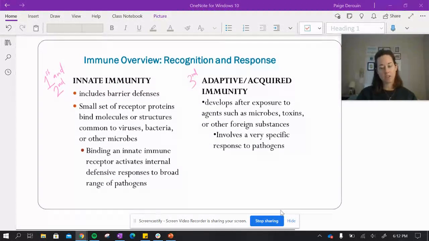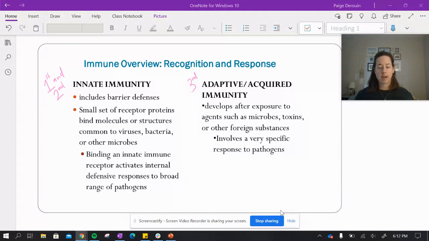All right, so you can also separate these lines of defense into the innate immunity and adaptive or acquired immunity. Your first and second lines of defense are going to be considered innate, which means that you're born already being able to do these things, for people who are not immunocompromised.